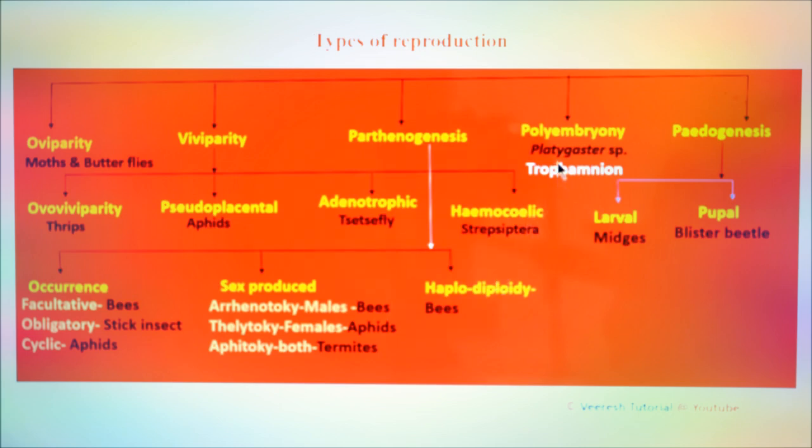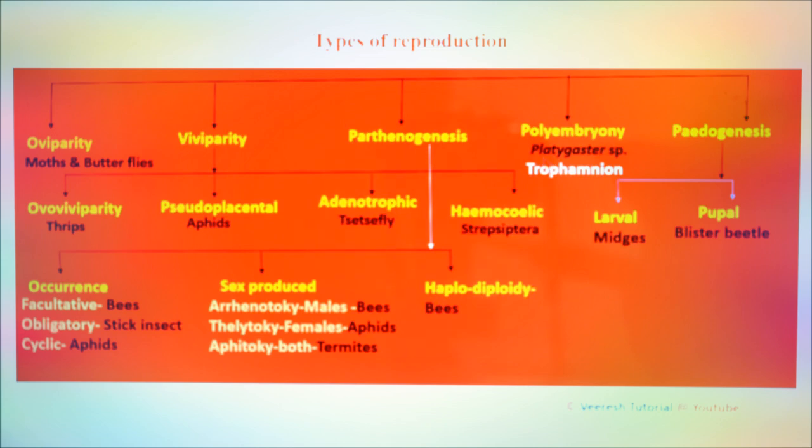And the fourth one is polyembryony. Polyembryony is a type of asexual reproduction where two or more individuals emerge from a single egg. This type of reproduction you can see in parasitic insects, especially Platygaster species.